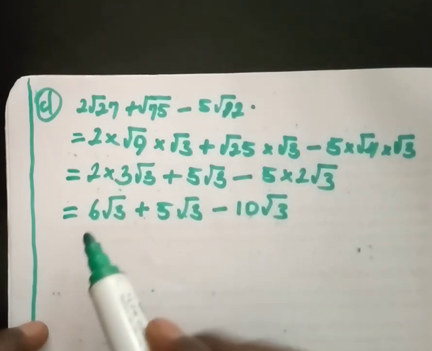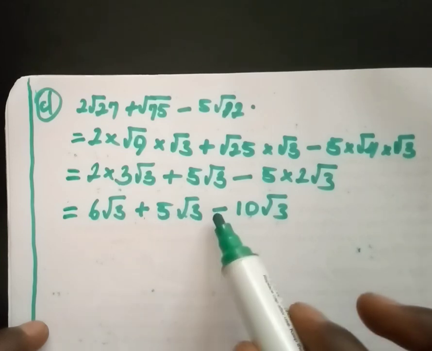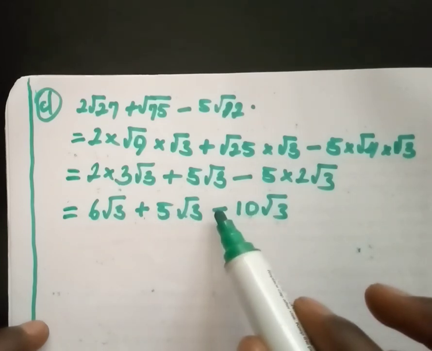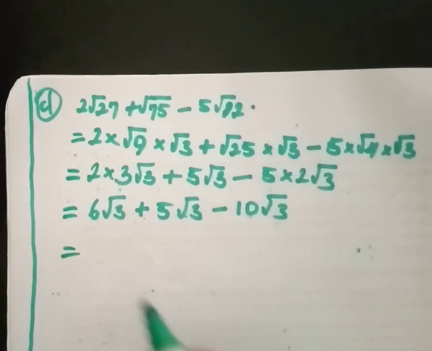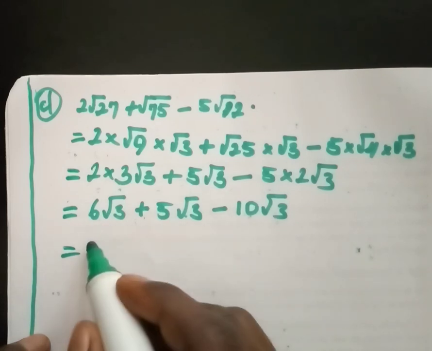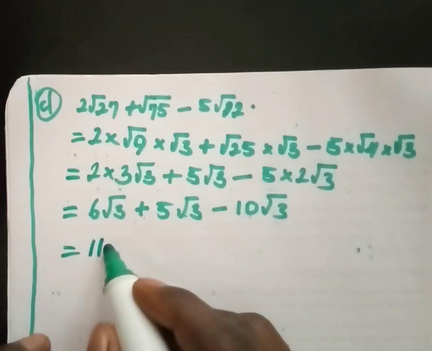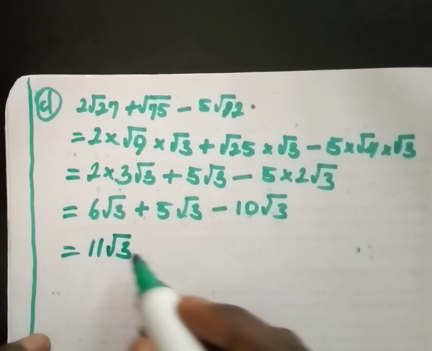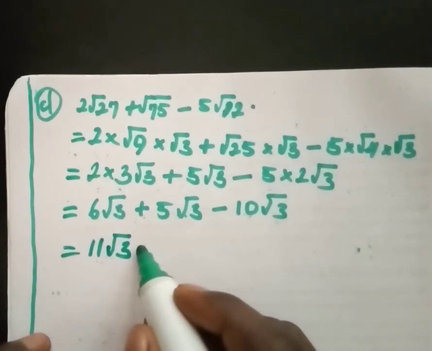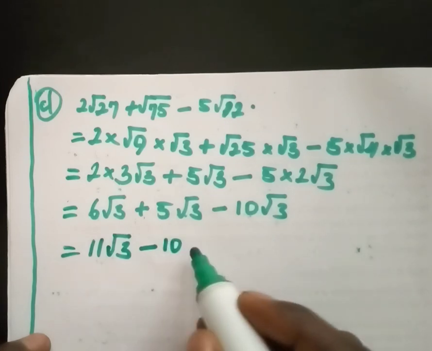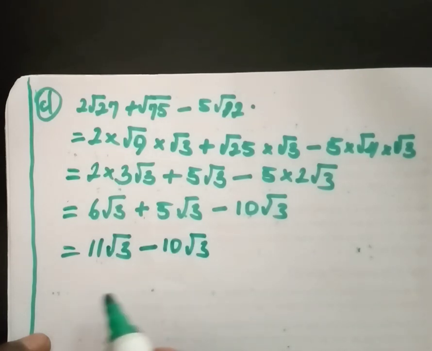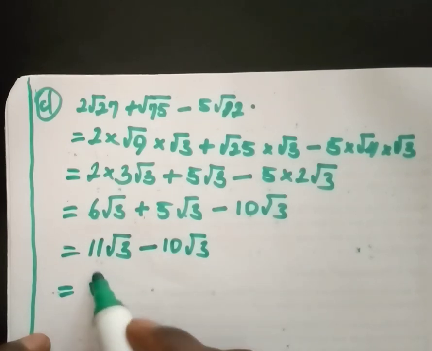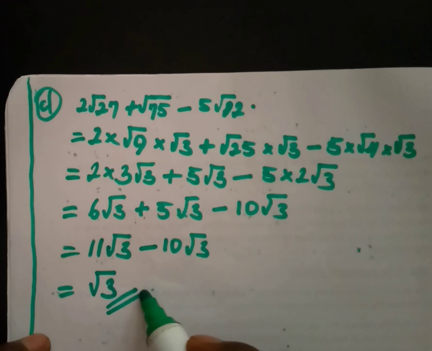So you can now add 6 and 5 and then subtract the 10 you have, and this is equal to 6 plus 5 will give you 11, and then root 3, minus 10 root 3, and when you subtract 11 and 10 you have 1, so there won't be any need for you to write 1 root 3. All you have to do is just write root 3, and that's our final answer.